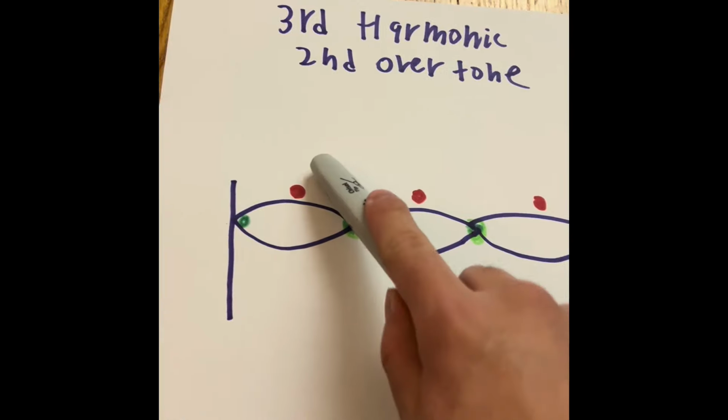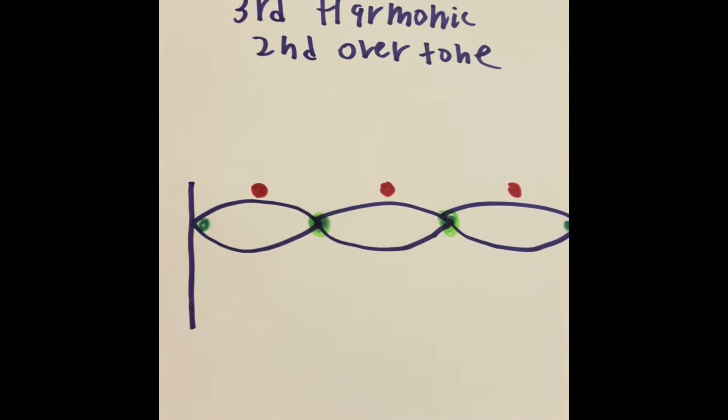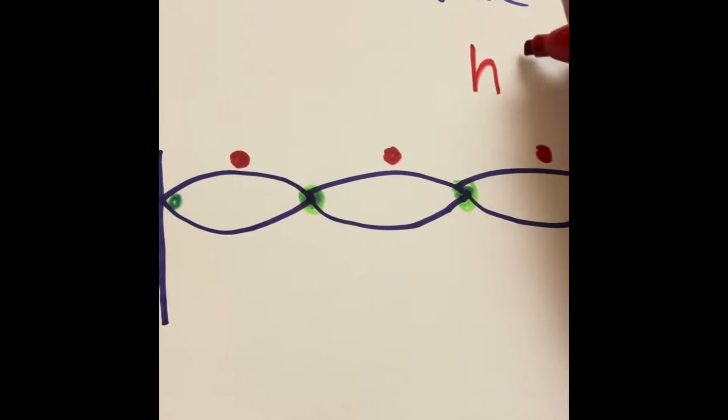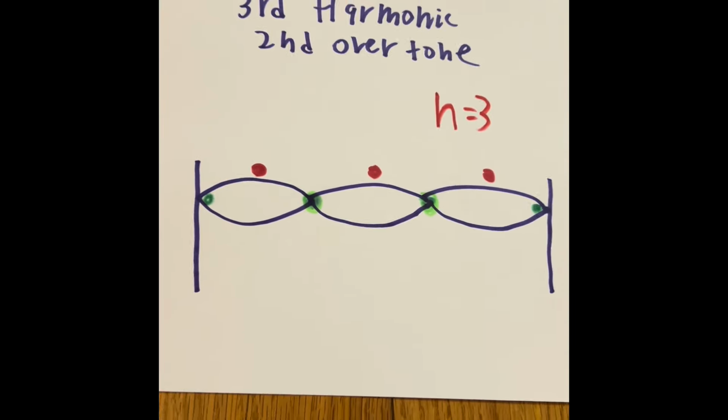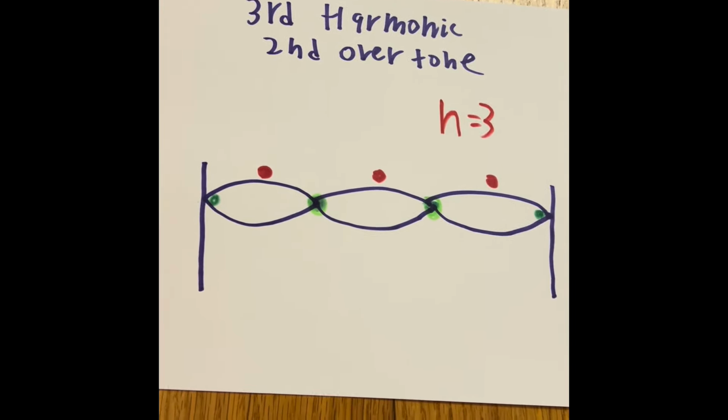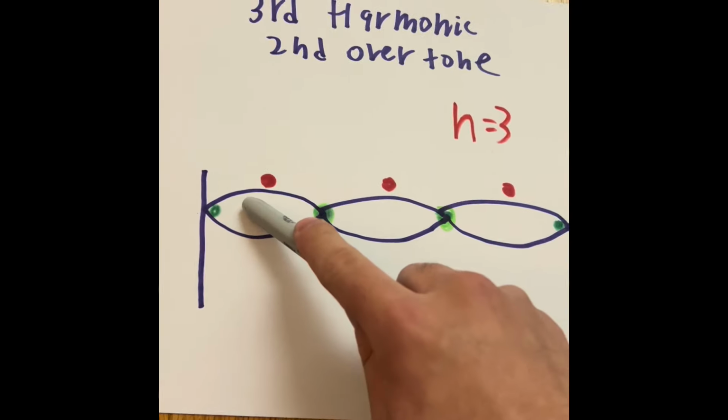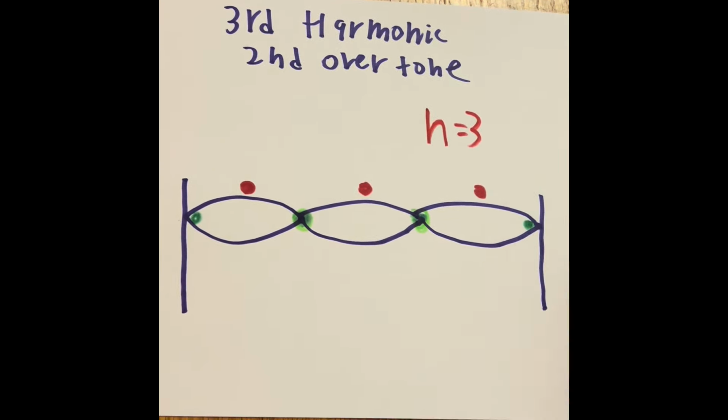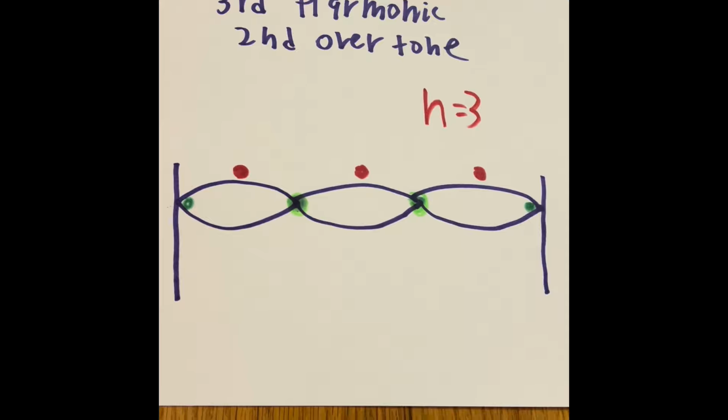We have 1, 2, 3. This is going to have 3 antinodes, the places where there's a maximum amplitude. And we are going to have 1, 2, 3, 4 nodes, the neutral zone.